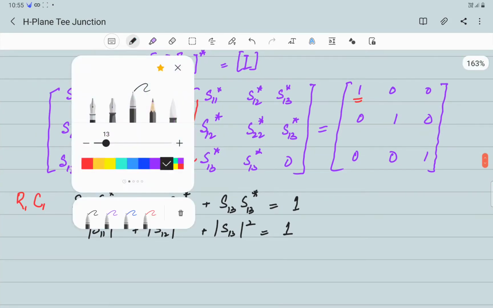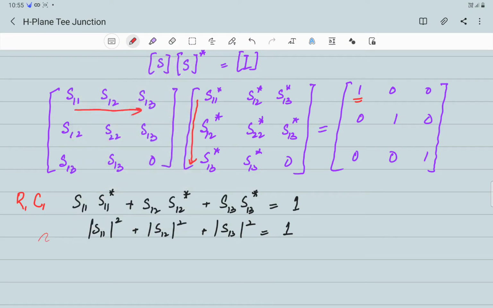Similarly, if I multiply row 2 by column 2, I get this diagonal element.